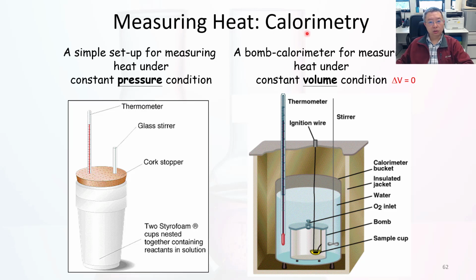It is called calorimetry, which was invented by the French scientist Antoine Lavoisier, who also discovered oxygen. It is very simple. It is essentially a system isolated from the surroundings, so that heat does not flow in and out of the system.